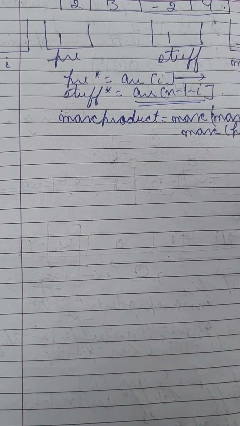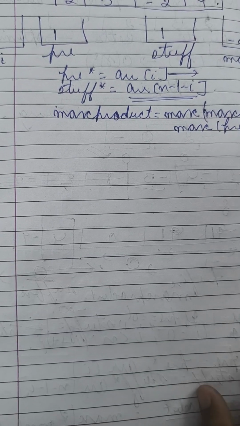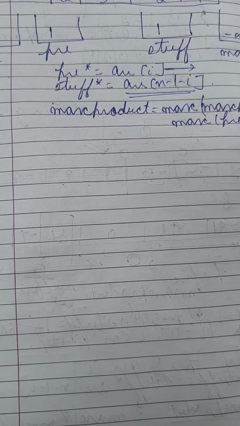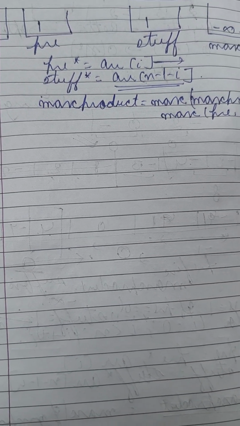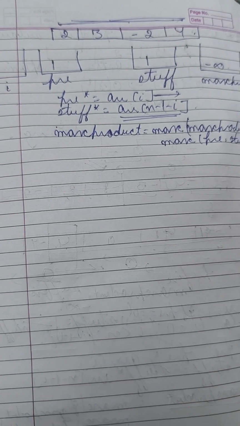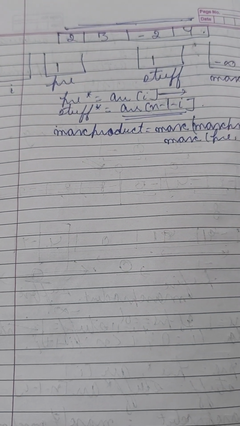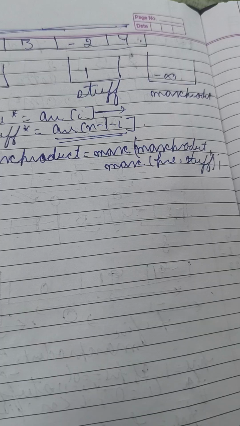Because if pre has become 0, then whatever number it is multiplied with further, it is always going to make the number 0 only. So why multiply and make it 0 when we have to find the maximum product? Now moving ahead, let's run this code.